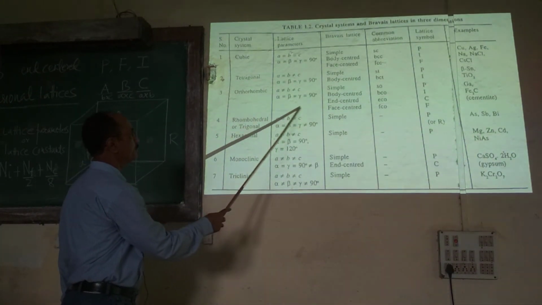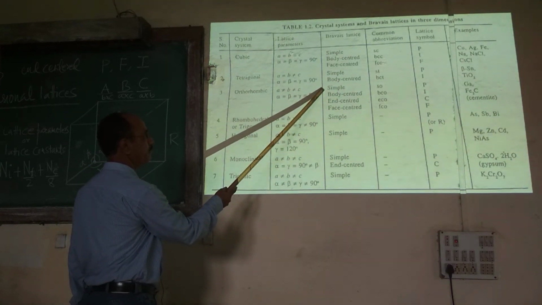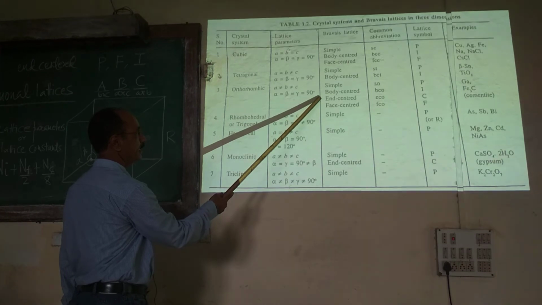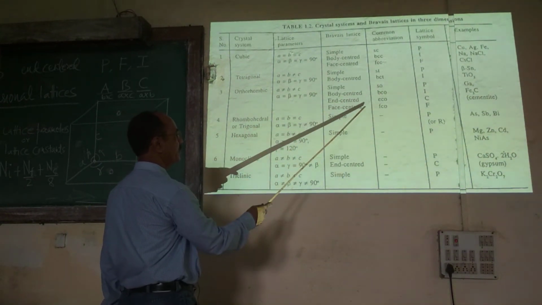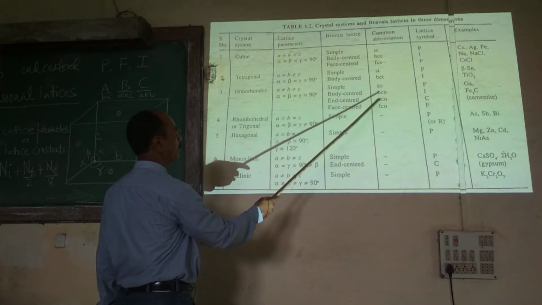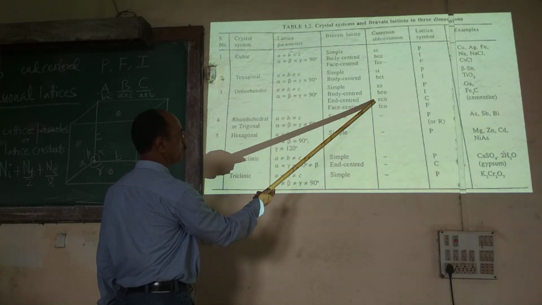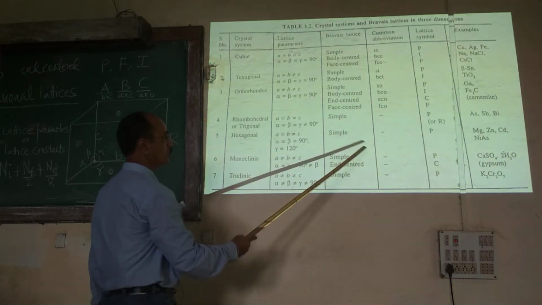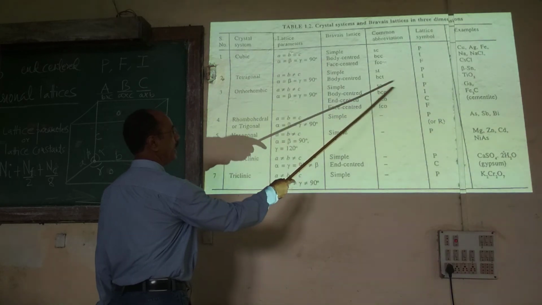Orthorhombic. These are the lattice parameters. Four Bravais lattices: simple, body centered, end centered and face centered. Their abbreviations are SO, BCO, ECO and FCO.